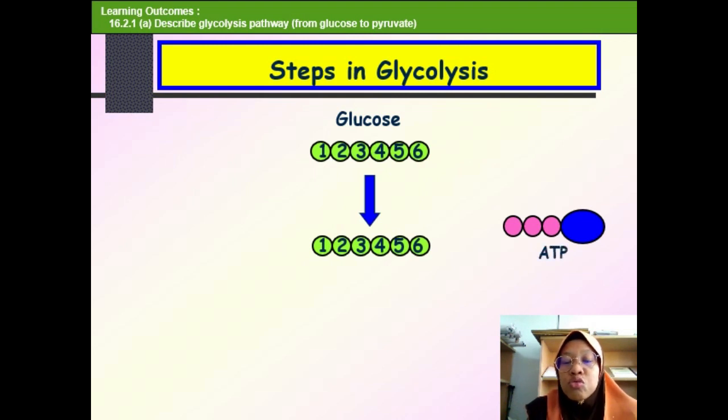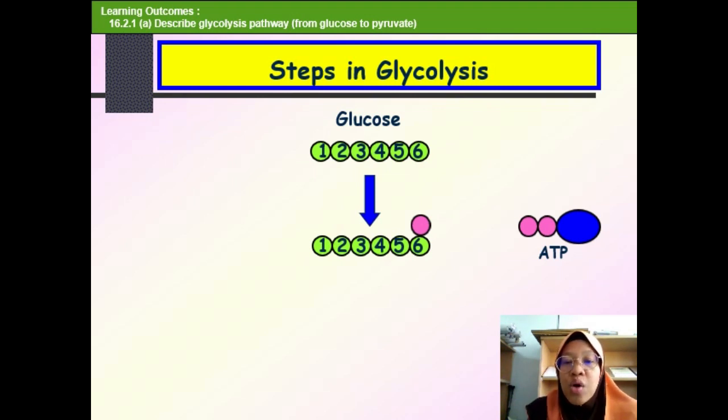So ATP ni bagi satu fosfat dia. ATP pecah jadi ADP dan phosphate. Apa jadi ialah dia split. Dia dermakan one phosphate group kepada carbon number 6 of the glucose molecule.